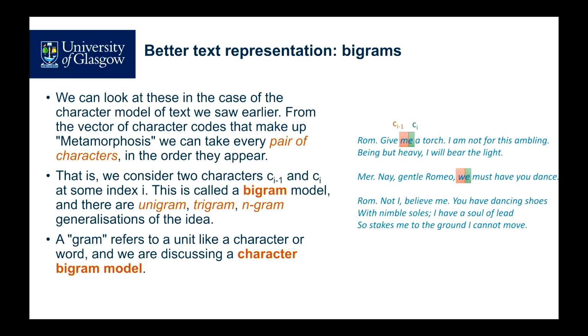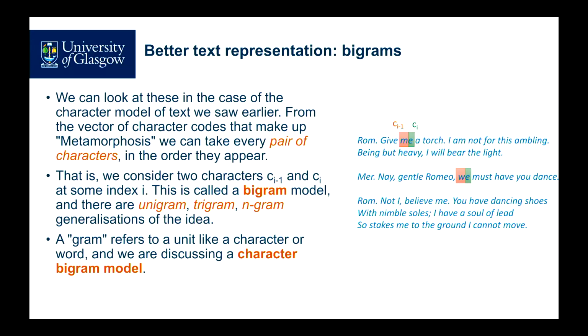So, for example, we can take every pair of characters in the order that they appear: the character in green here, c_i, and the character just before that, c_{i-1}. And we do that for every position in the text, okay? So that means that we now consider two characters, and those two characters will have different probabilities, right? So this is what's called a bigram model, okay?